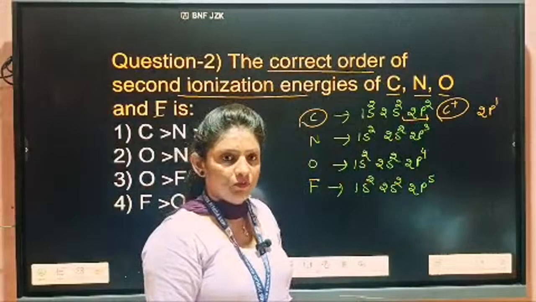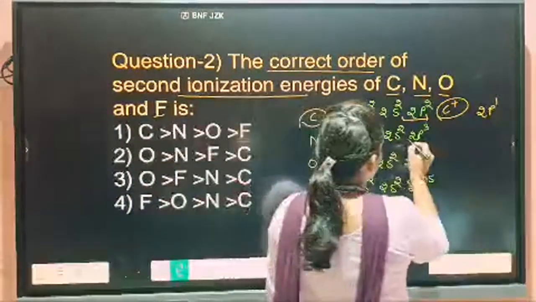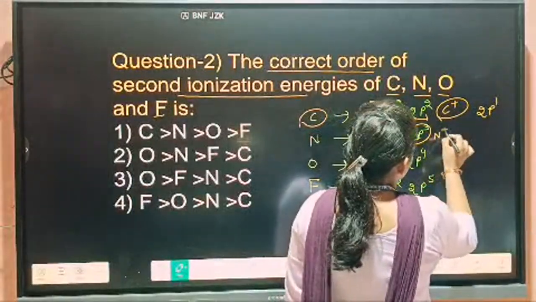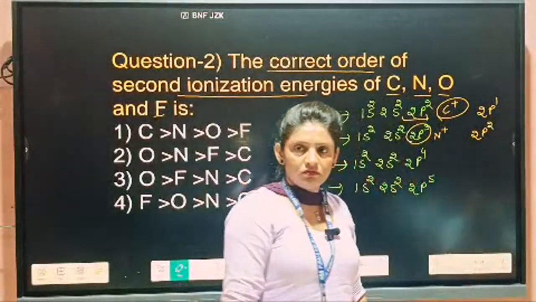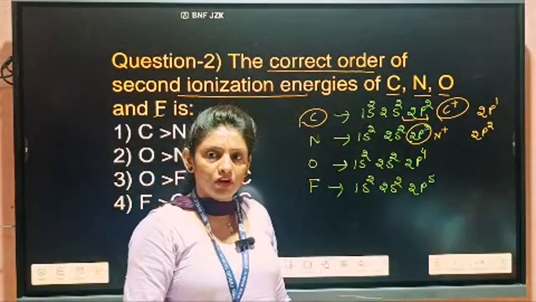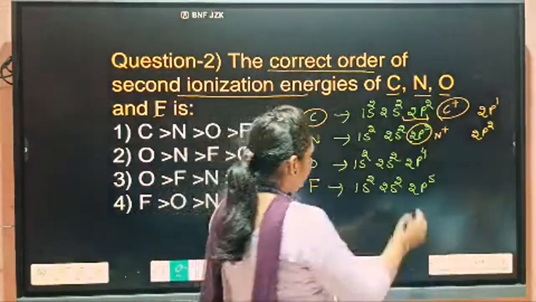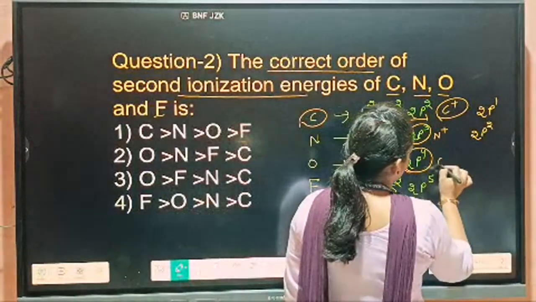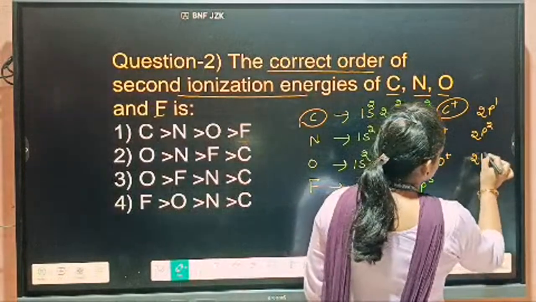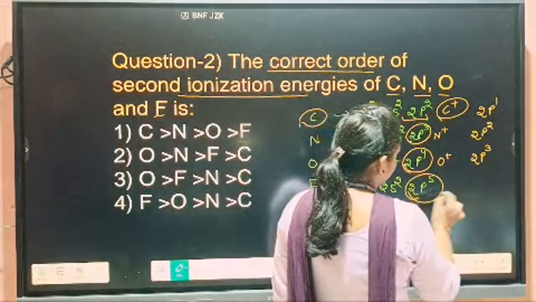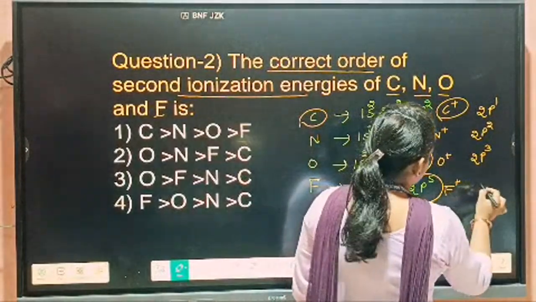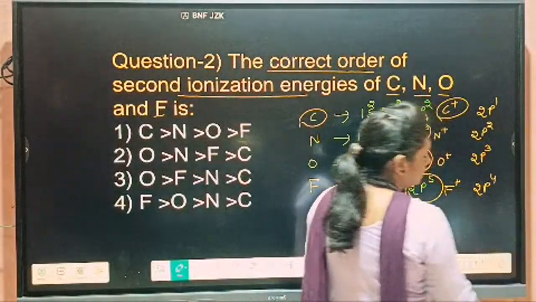In the case of N plus, two electrons will be there after removal of one electron. In the case of oxygen, there will be 3 electrons. Then for fluorine, there will be 4 electrons.